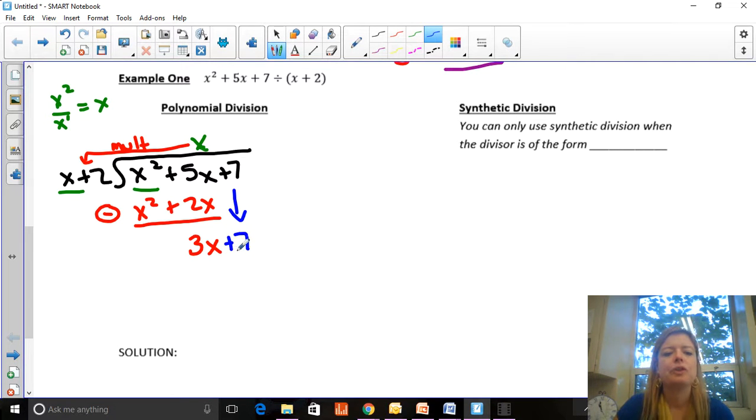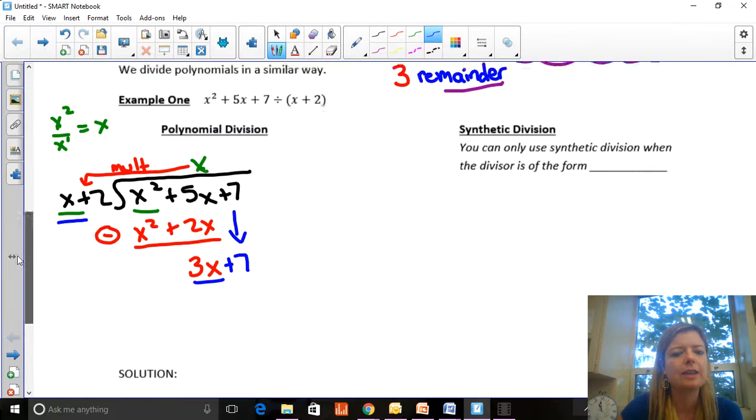Okay, so now this is the new thing that we're looking to divide. So 3x, we just look at the first term. So we're looking at 3x and the x here. Okay, so how many times does x go into 3x?